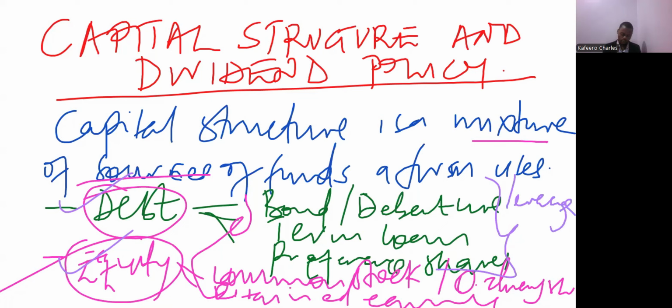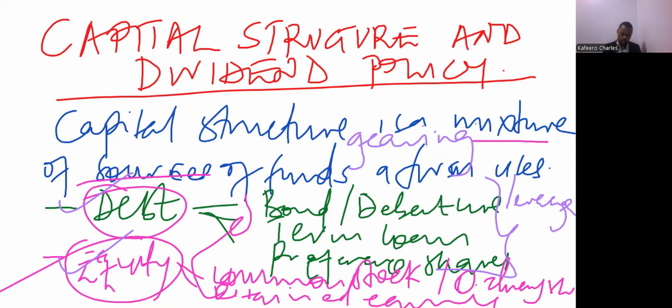So if we are using debt in our capital structure, we say that there is leverage, or what we call gearing. Gearing and leverage mean the same thing. Once an organization has debt in its capital structure, we can say it is geared.